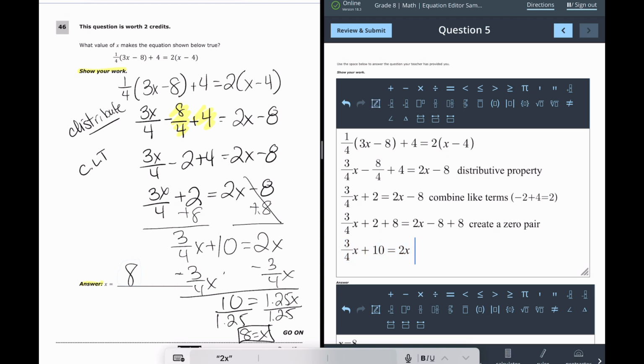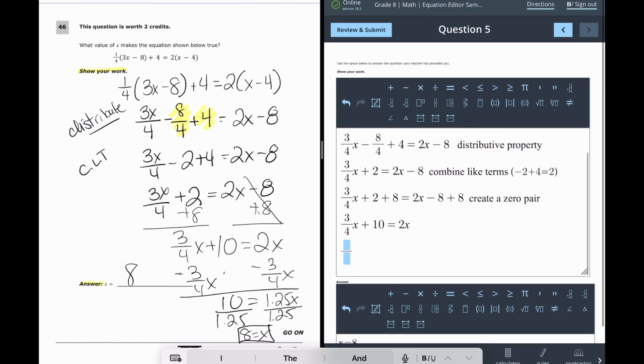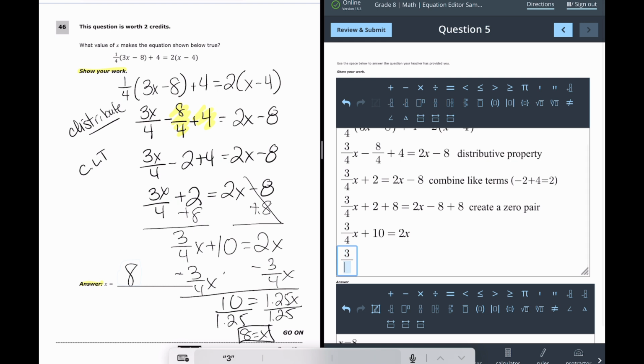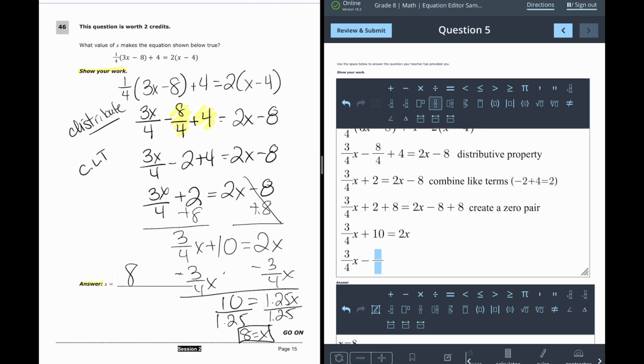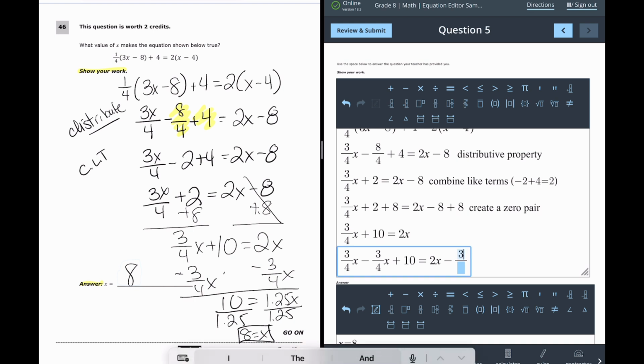Okay, and now what do I want to do? I want to move that 3/4. And again, I get it. It feels like a lot. 3/4 x minus 3/4 x plus 10 is equal to 2x minus 3/4 x.